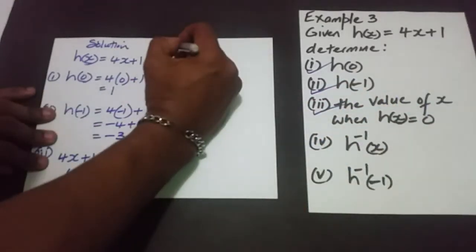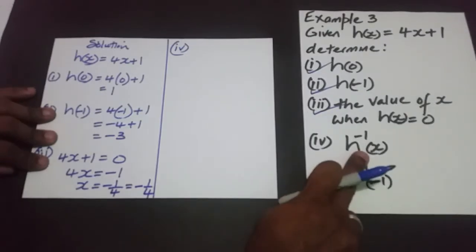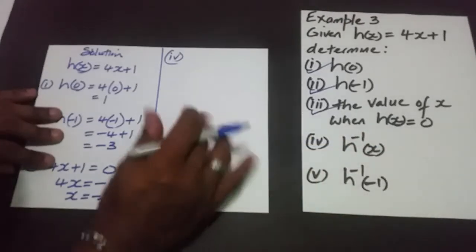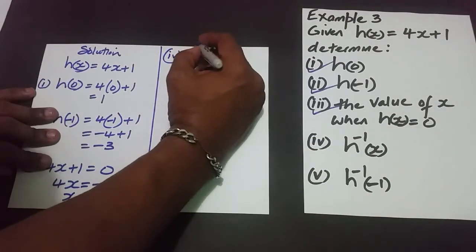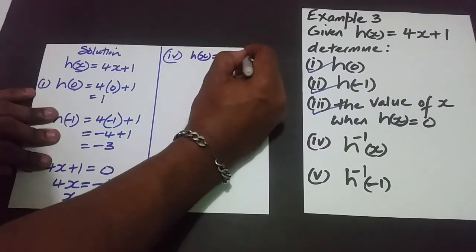Let's take a look at part 4, which is asking us again to determine, and this you should know means the inverse of h of x. So again, we're going to write the original function, which is h of x, which is 4x plus 1.